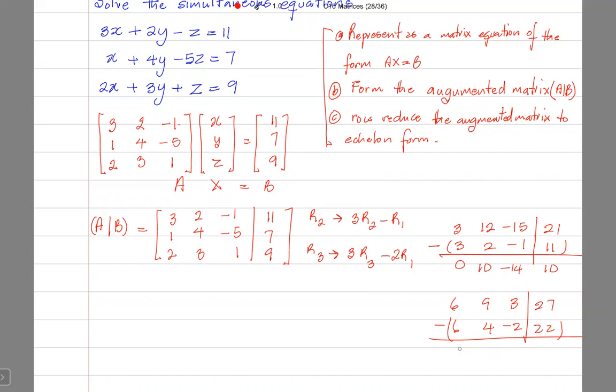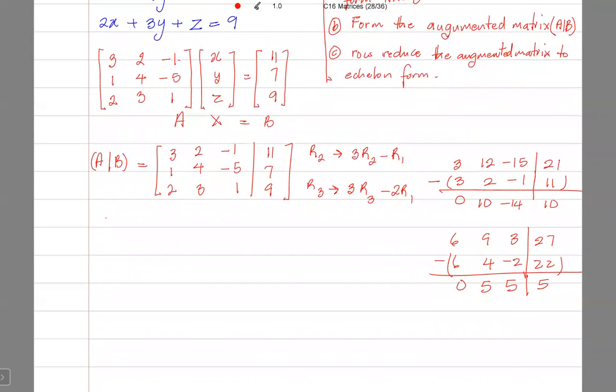Subtract, we get 0, 5, 5, 5. So this is where we're at now. We have 3, 2, minus 1, 11. Row 2, 0, 10, minus 14, 10. And row 3, 0, 5, 5, 5.